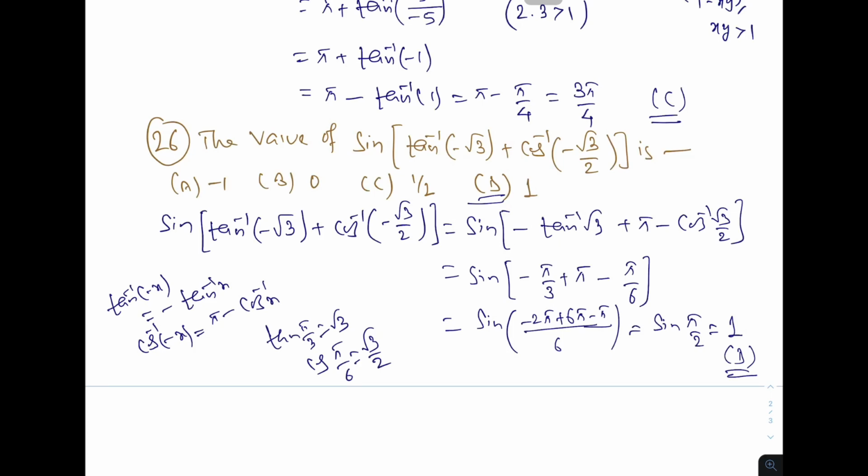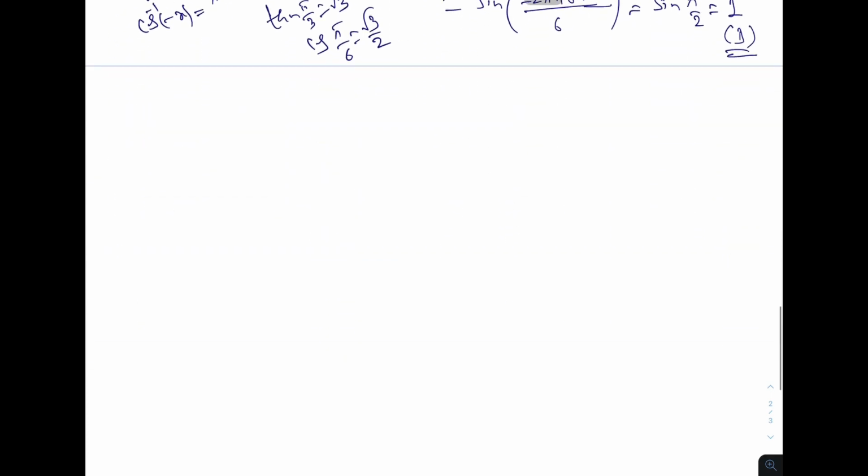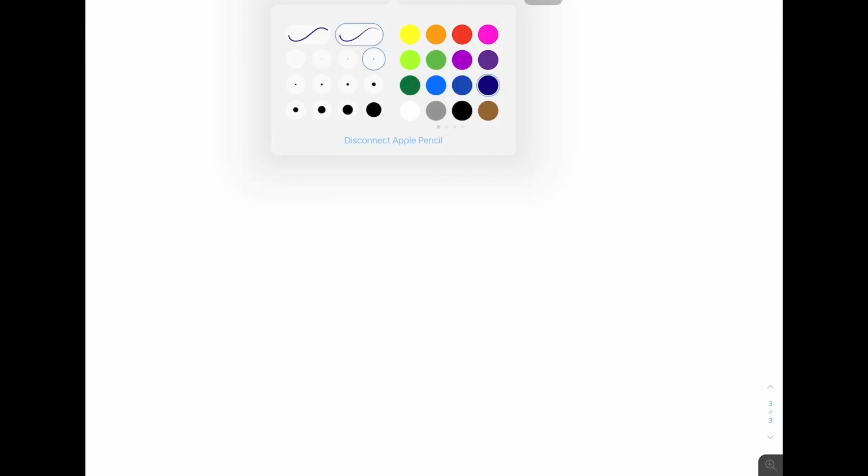Okay, next let us see. Sine inverse 3 by 5 plus tan inverse 1 by 7 is blank.